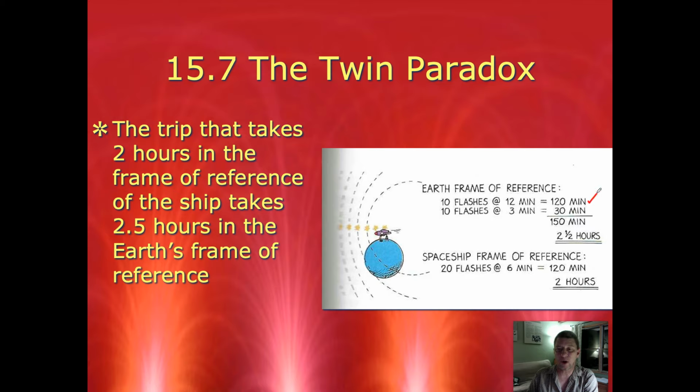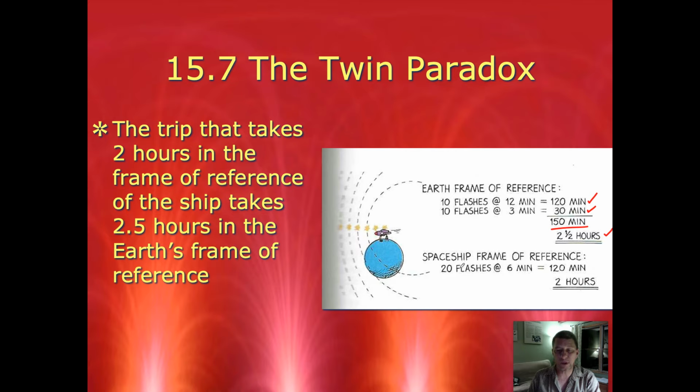That adds up to 120 minutes. For the second hour of the rocket's journey, the observer on Earth is going to see 10 flashes every 3 minutes, and that gives you 30 minutes. 120 plus 30 is 150 minutes, which is 2.5 hours. So the guy on Earth will age 2.5 hours.